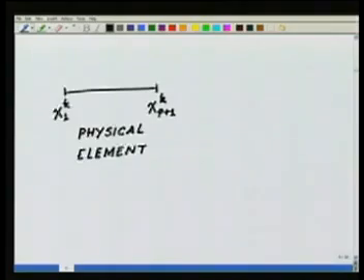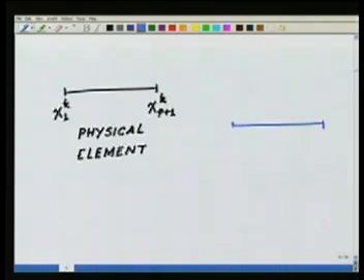What we are going to do is, we are going to say that this physical element, this generic physical element, comes from something called a master element. That is, we are going to define an element like this.